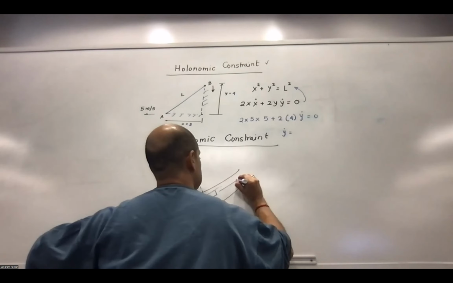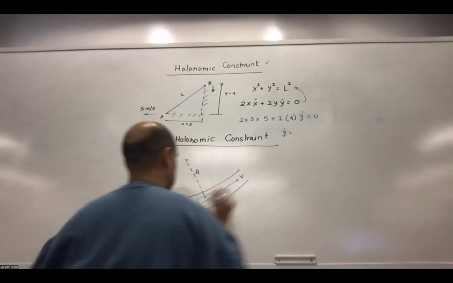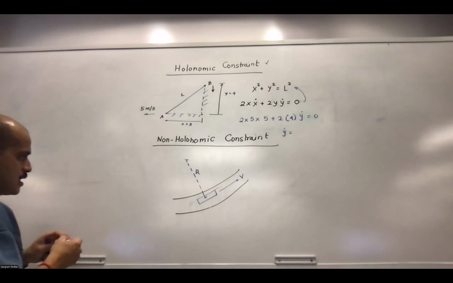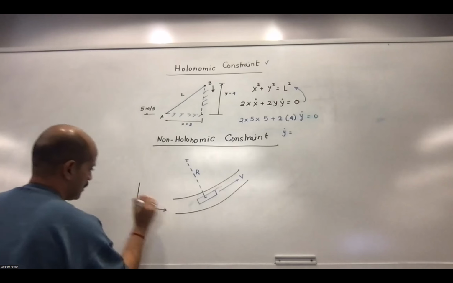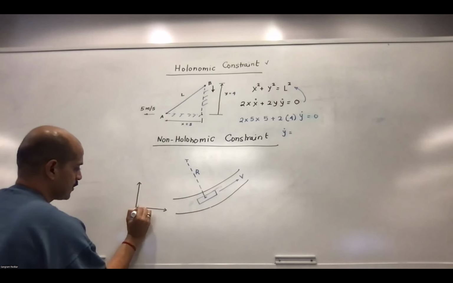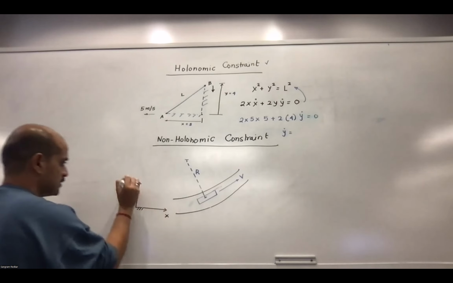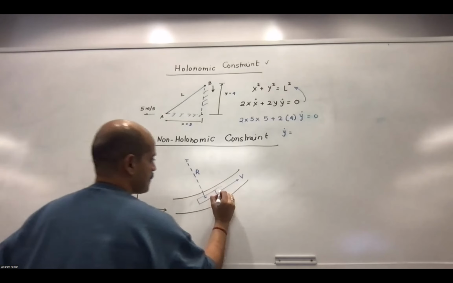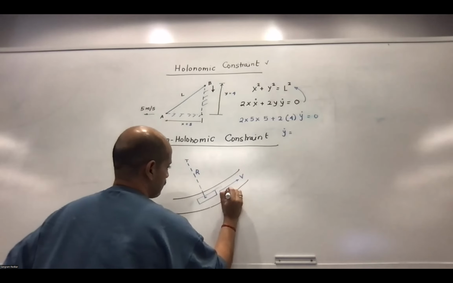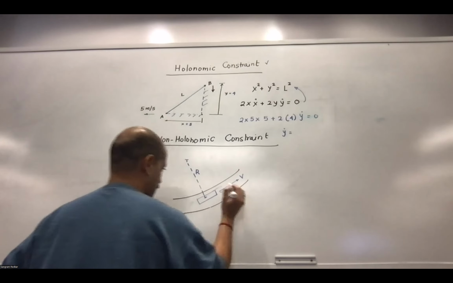And what you have is this velocity v, and this is the inertial frame, which is x, this is y. So I have this velocity v, and then I have this theta.